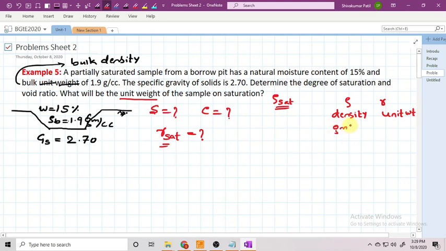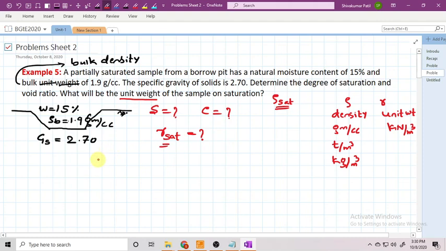It may be gram per cc or ton per meter cube or kg per meter cube. What is the unit of unit weight? It will be in terms of kilonewton per meter cube or meganewton or giganewton per meter cube. So always keep in mind the difference between density and unit weight. Density is nothing but mass per unit volume, unit weight is nothing but weight per unit volume.